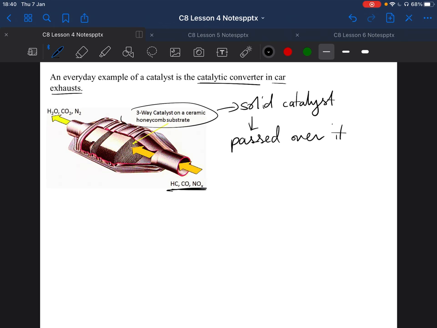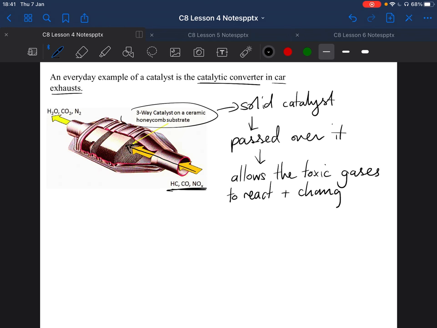They will go in through your catalytic converter, and when they hit this part, the honeycomb structure, it will allow the toxic gases to react and change into something less harmful.